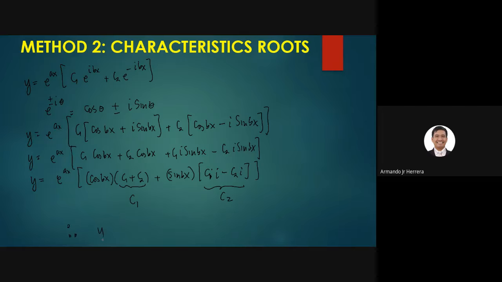Therefore, y is equal to e raised to ax quantity c1 cosine bx plus c2 sine of bx. So that will be our general solution when our roots are complex conjugates in the form of a plus minus bi.